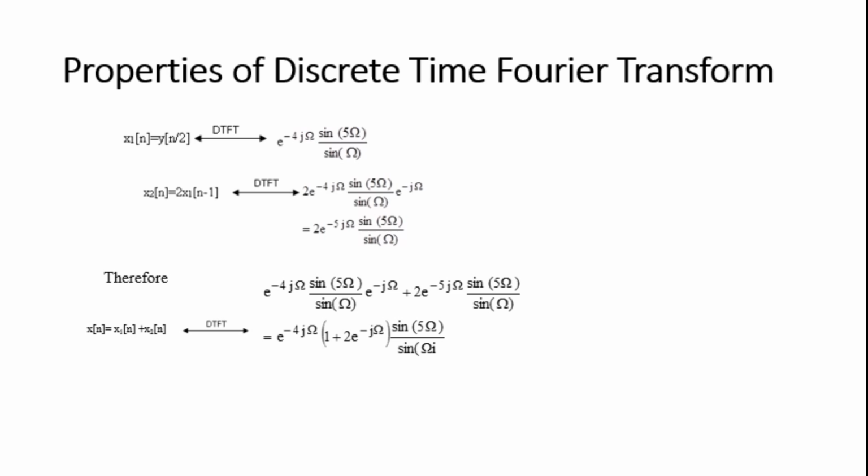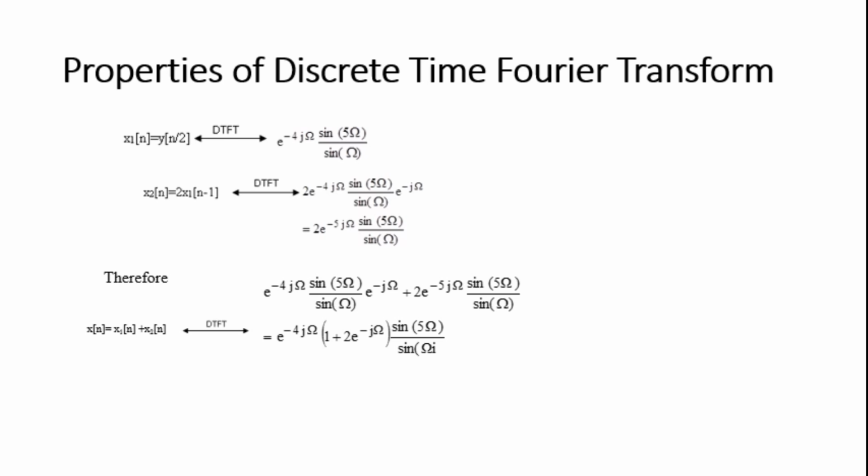If we take the discrete time Fourier transform, we get 2 into e power minus 4 j omega into sine of 5 omega divided by sine of omega into e power minus j omega, which is equal to 2 into e power minus 5 j omega sine of 5 omega divided by sine omega.